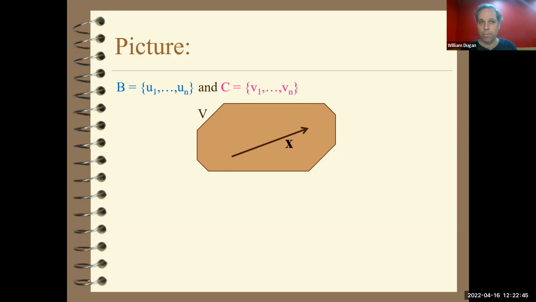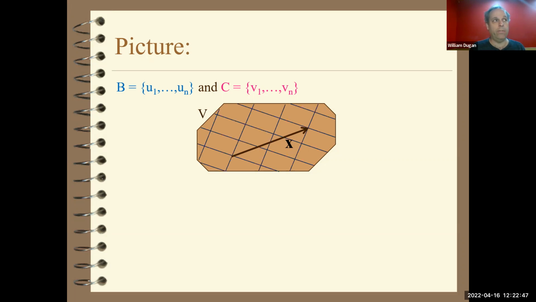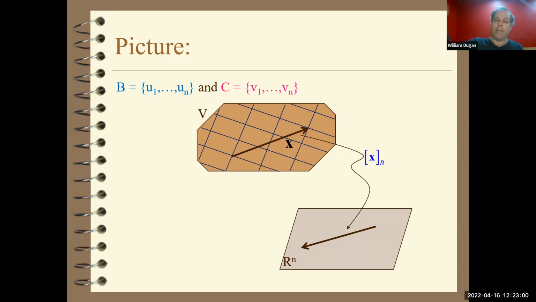But x, if you look at it relative to the basis B, has coordinates. Basis B just lays down its own axis system, its own graph paper on the vector space. So there are coordinates of x relative to B. You can think of the coordinate map as a way to map the vector x to its coordinates.